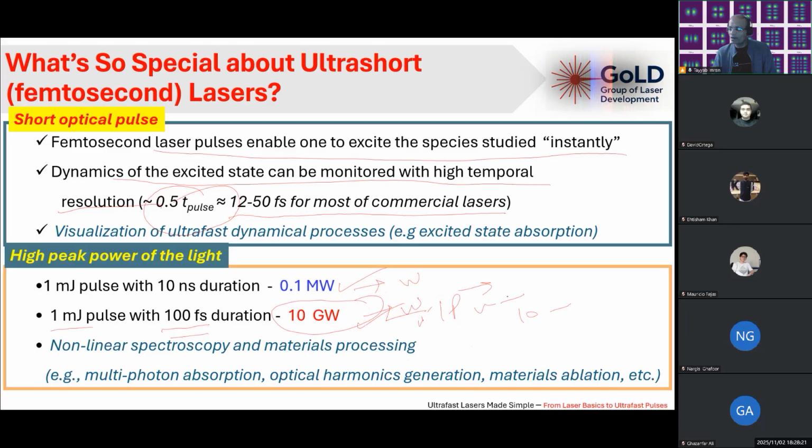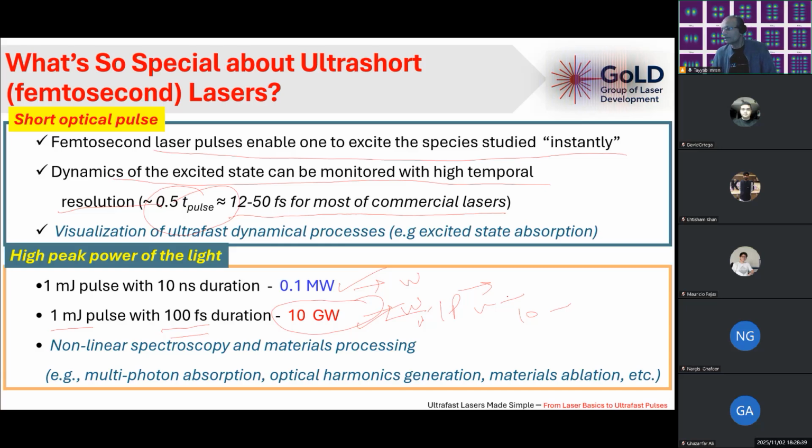Petawatt is already generated. 10 petawatts also generated. They are moving towards higher peak powers. So higher peak powers are essential. You need it for the fusion reaction.